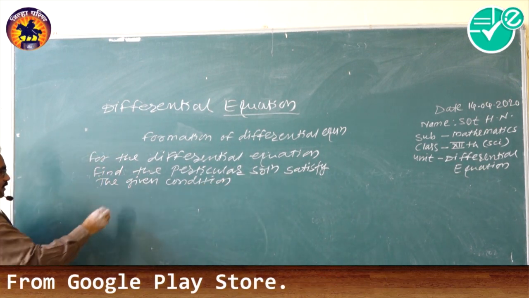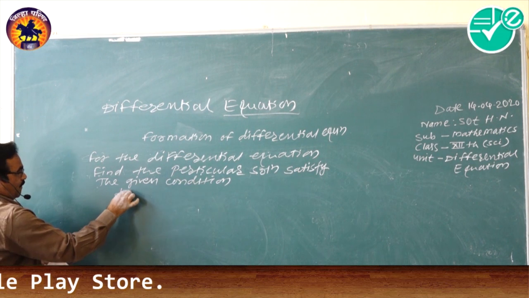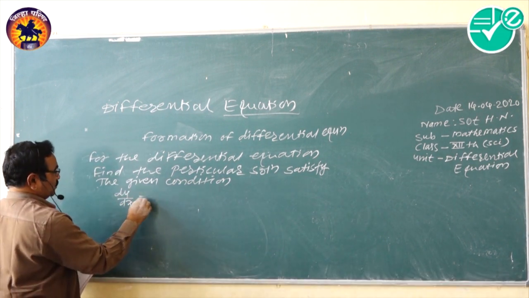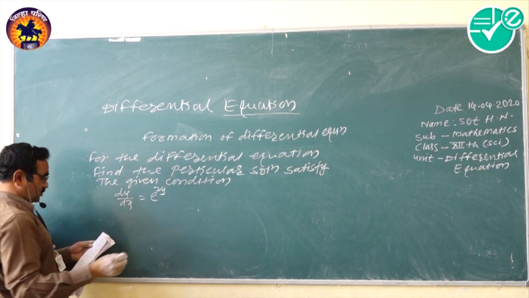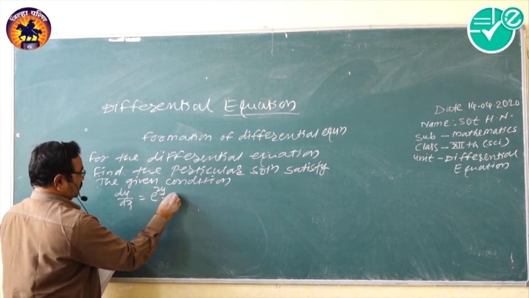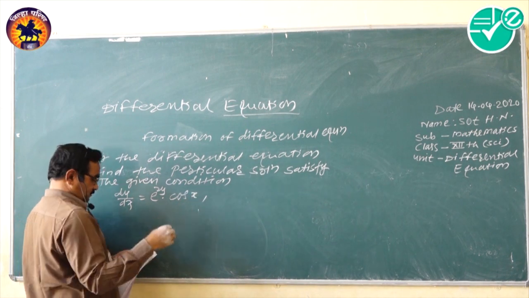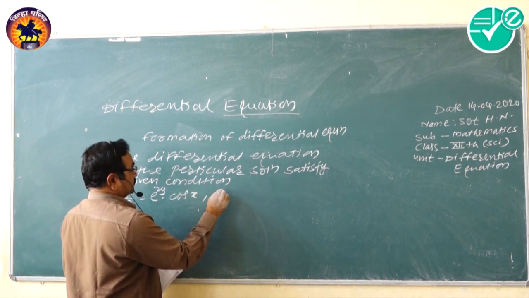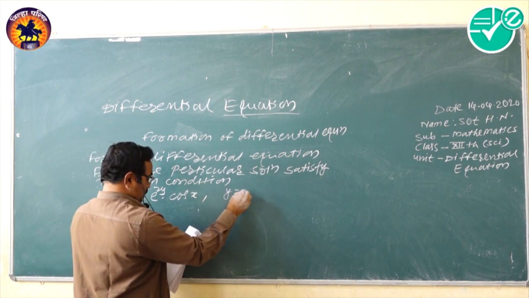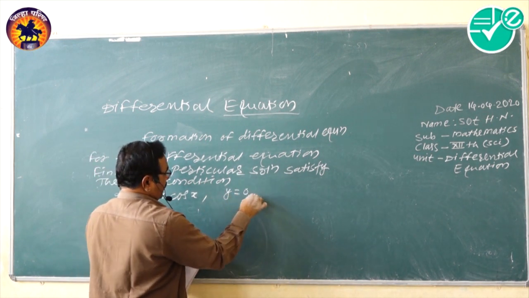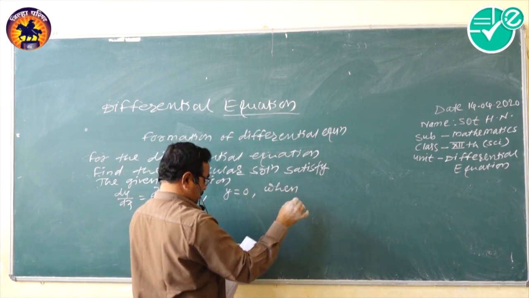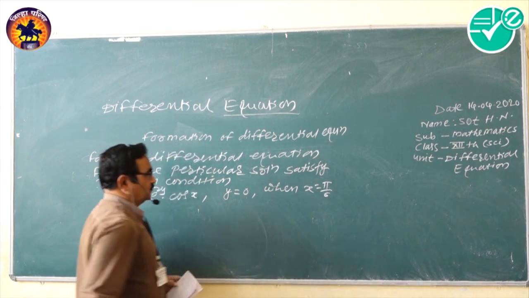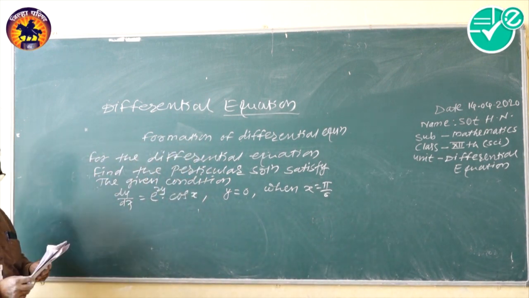This is dy by dx equal to e raised to 2y into cos x. y equal to 0 when x equal to pi by 6.